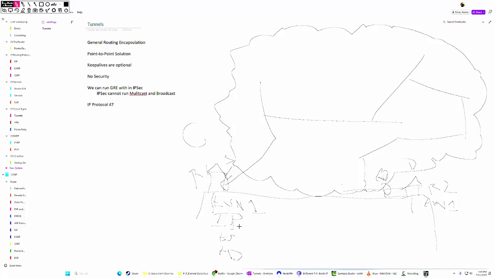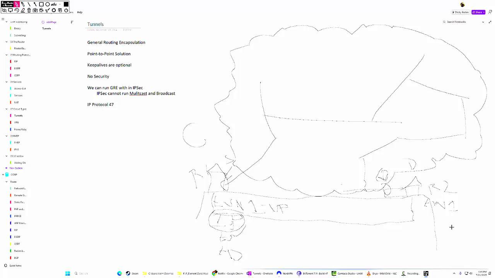Because of that, this tunnel is now going to come up in an up status. And at that point, I will be able to ping the IP address of router 2's tunnel as if that tunnel interface is directly connected to this tunnel interface.